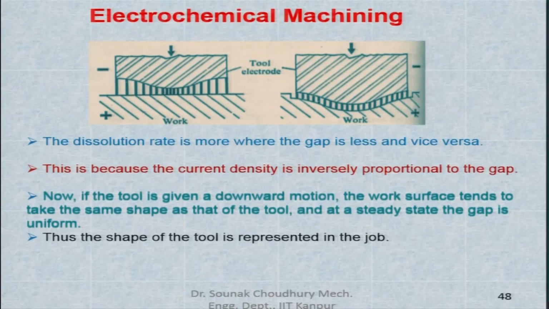I will once again repeat that electrochemical machining is one of the most popular processes, where the mechanism of material removal is by electrochemical dissolution. As we have seen, in electrochemical machining material is removed from the workpiece and nothing happens to the tool material.